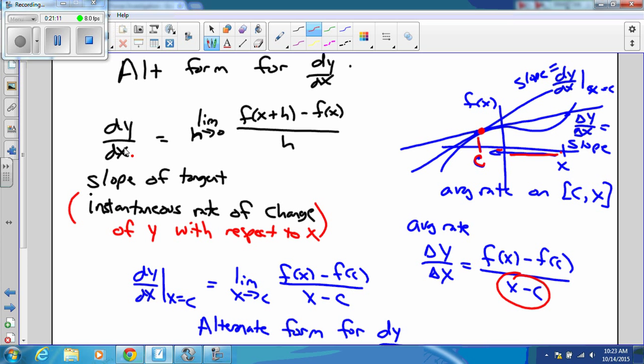And then we let the denominator of that quotient go to 0 for both forms. So let the denominator go to 0 here, I have to let x minus c go to 0, which means x is going to c. That's the purpose of having x go to c, it's so that I shrink the width of that interval down to 0.